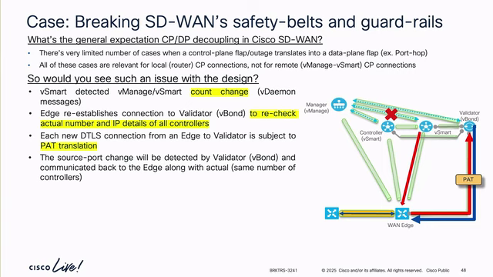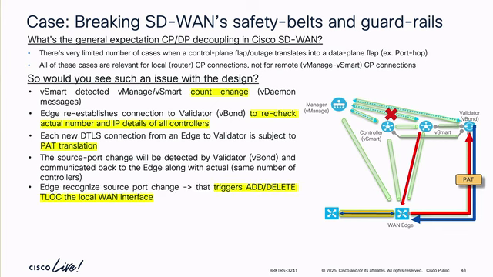recreate your session. And normally that wouldn't be an issue if we either were not having that firewall device or not having that behavior, recreating the session just because vBond tells us that the source port changed.